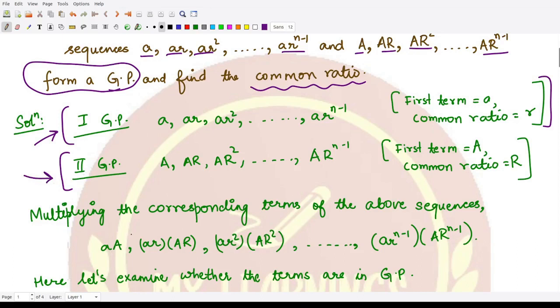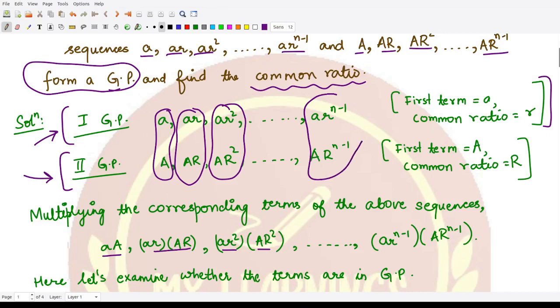Multiplying the first terms together, we have small a into capital A as the first term. Then multiplying these two, we have small a small r multiplied with capital A capital R. Then multiplying these two terms, it would be a r square into capital A capital R square, and so on. Multiplying the last terms together, we would have this term.